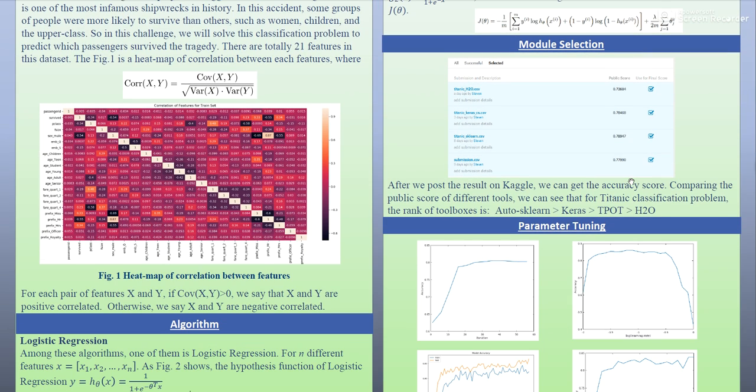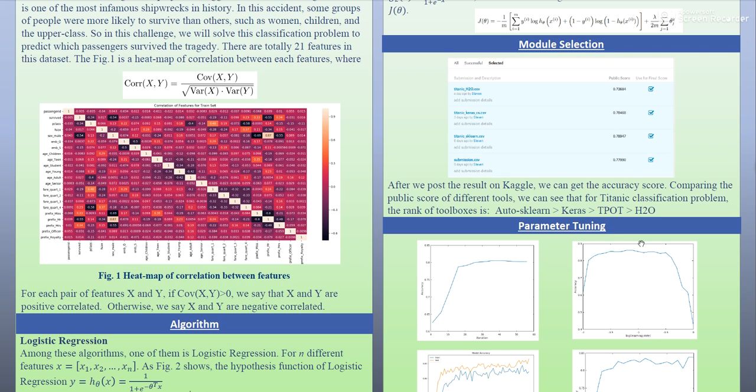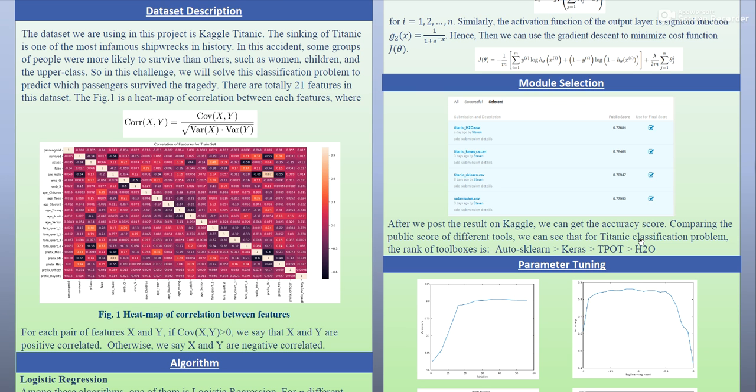And moreover, we compared the performance of automated pipelines on a certain dataset in Kaggle, including TPOT, AutoSklearn, and so on. From our experiment, we found that the modules are applicable to the classification problem. However, from manual parameter tuning, we found they cannot provide the optimal solution.